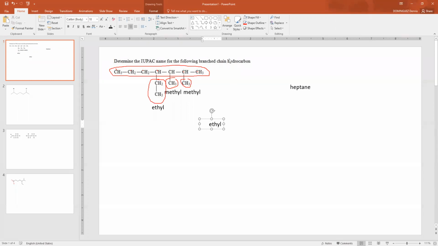For example, here we'll number this one: 1, 2, 3, 4, 5, 6, and then 7. If you count the attachment, the first appearance of the attachment is in the 4th carbon. So let's try to name it from the right side. 1, 2, 3, 4, 5, 6, 7. The first appearance of attachment is in the 2nd carbon.